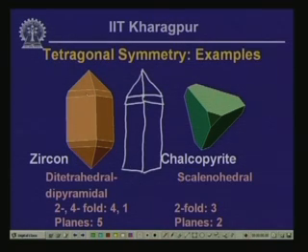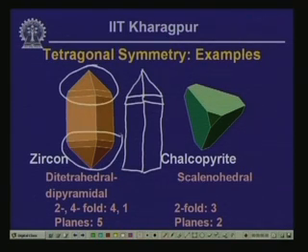You can see that the two pyramids at the ends of zircon close the form, whereas on the one that I have drawn here, let me label it as an open crystal, you do not have a pyramid at the bottom of the crystal. So, this essentially is an open form.